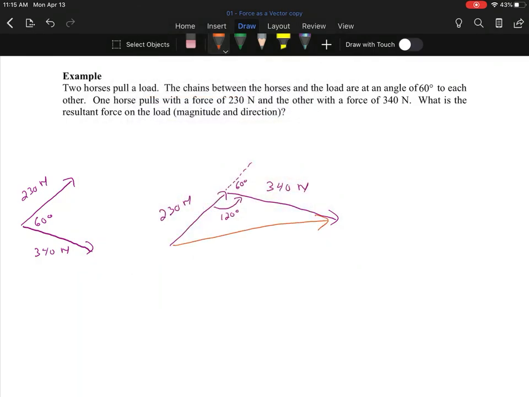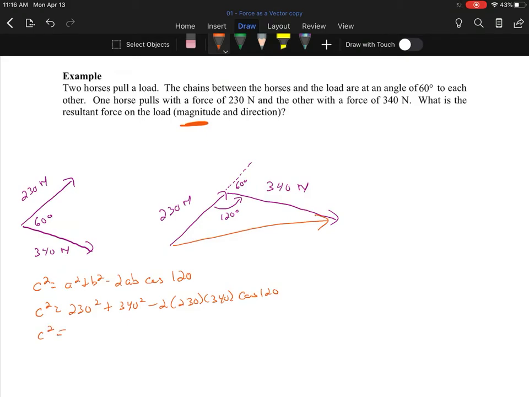But the math is not too bad, because they want to know what is the resultant force, magnitude, and direction. I'm going to go after magnitude first, and the magnitude of this is given by c squared equals a squared plus b squared minus 2ab cos 120. So it's 230 squared plus 340 squared minus 2 times 230 times 340 times cos 120.